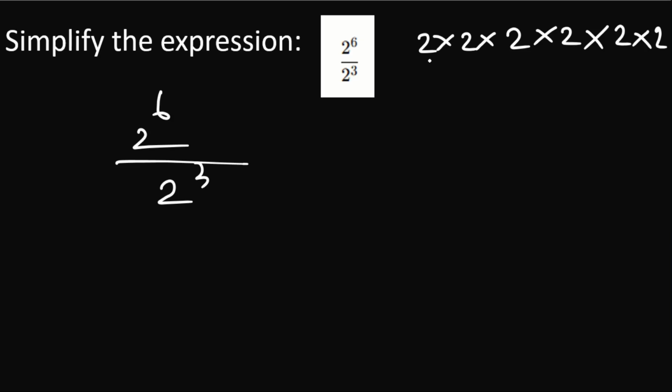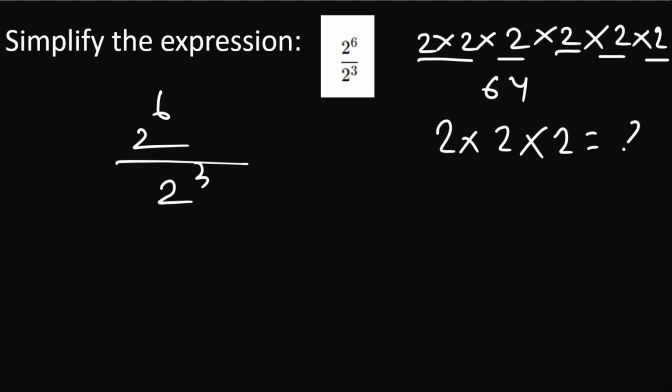You can calculate it: 4, 8, 16, 32 and 64. And 2 to the power 3 gives 8. So it's 64 over 8. 8 times 8 equals 64, so we'll get 8. This is the answer.